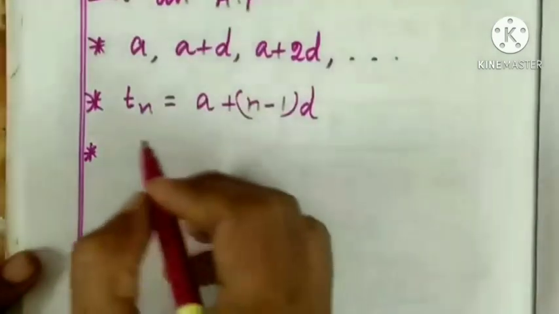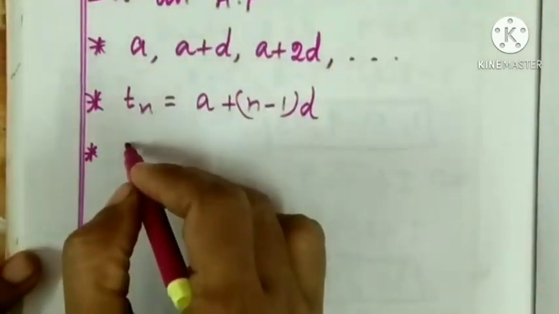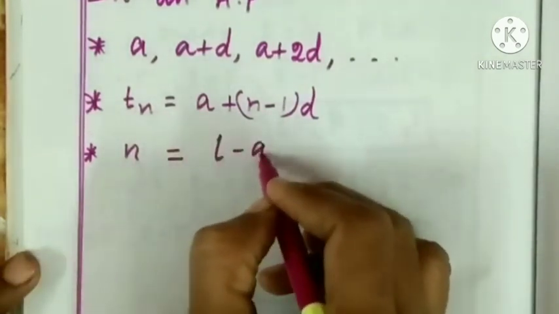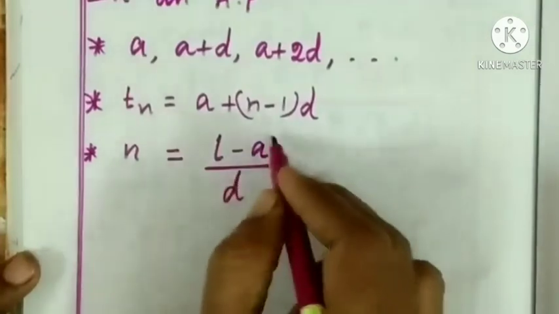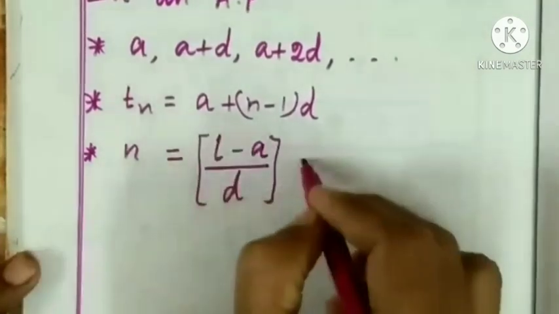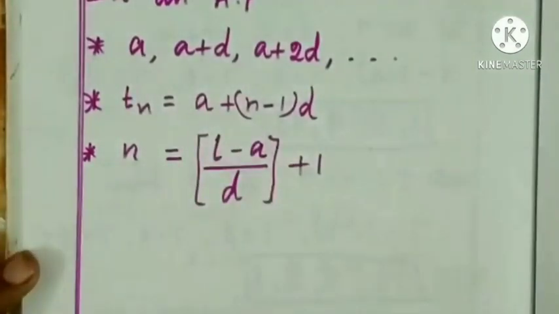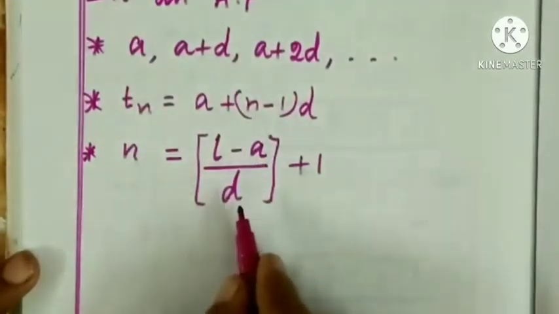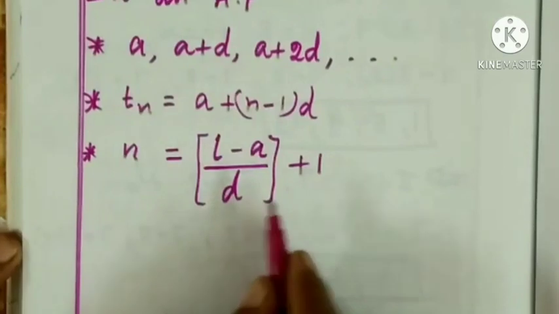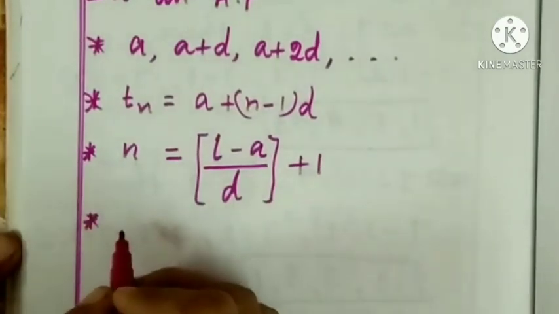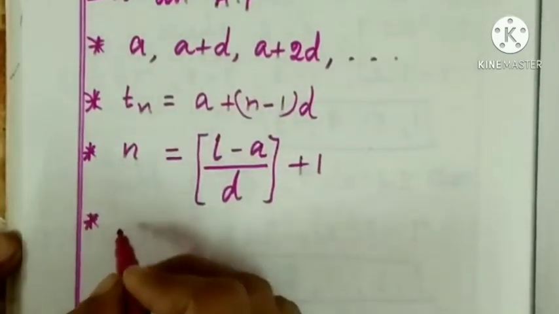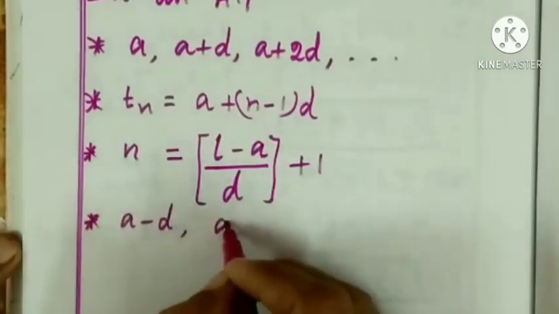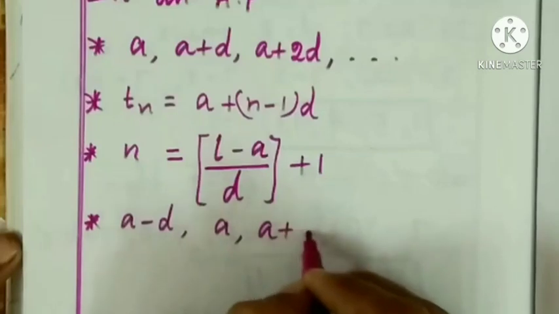The next point, the number of terms of an AP is equal to (l minus a) divided by d, plus 1. Here l is the last term, a is the first term, d is the common difference. Three consecutive terms of an AP are a minus d, a, a plus d.